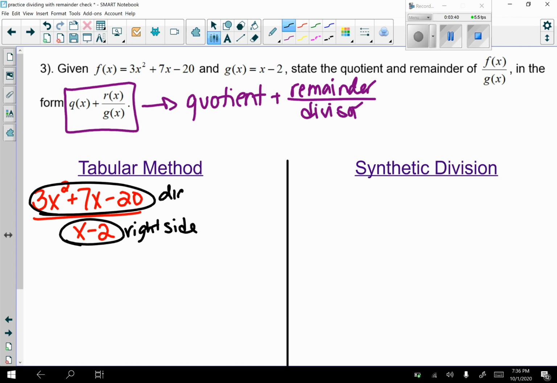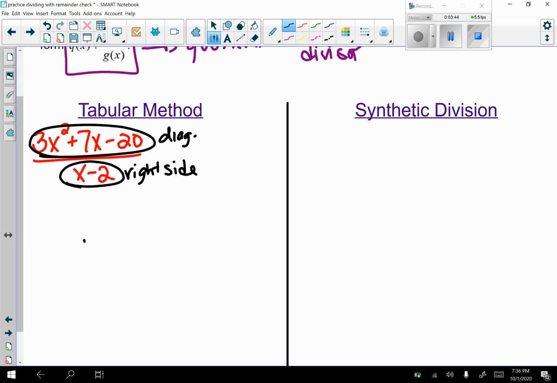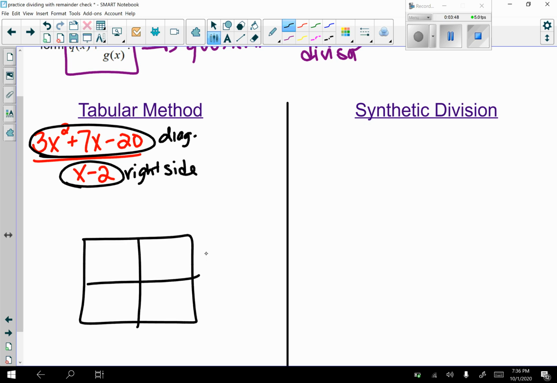It's going to go on my diagonals. So when I go to set up my division, I'm going to have x minus 2, 3x squared plus 7x minus 20. You're always going to start in the top left corner because that has to match.